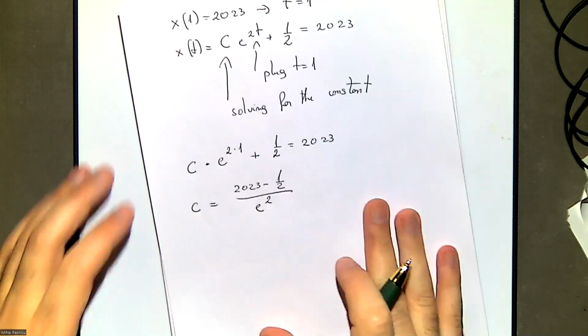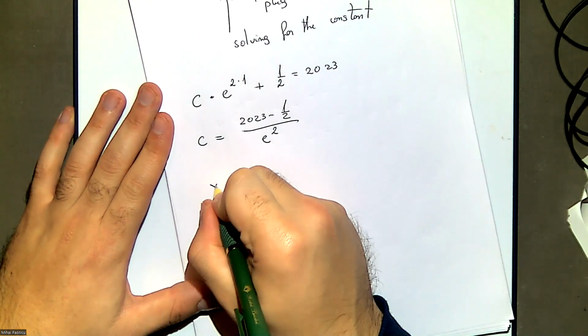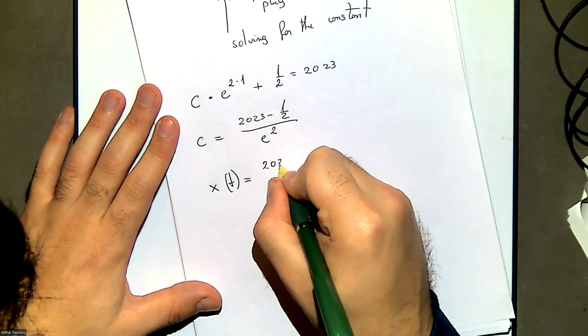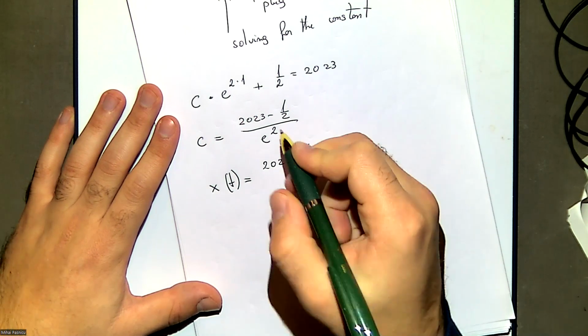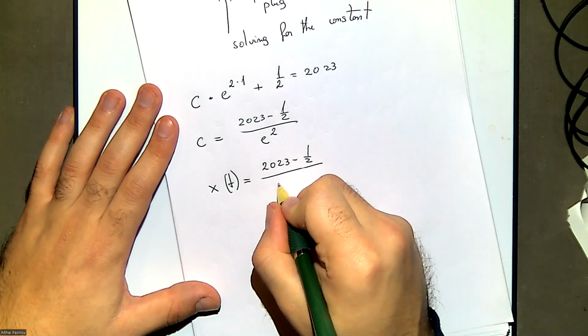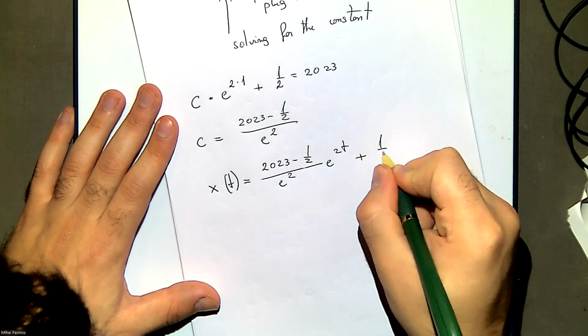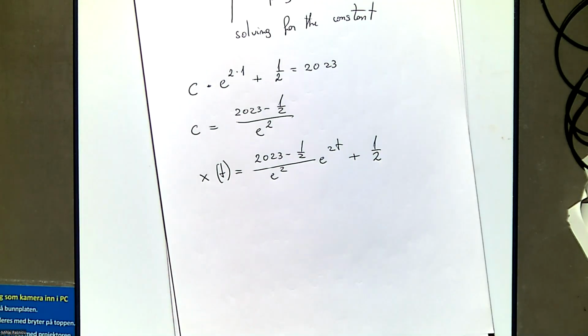And now I basically just write x of t is equal to 2023 minus a half. I replace my constant with this, and I copy everything else. And this is the particular solution that they were asking for.